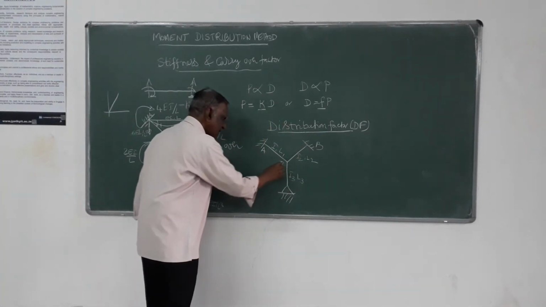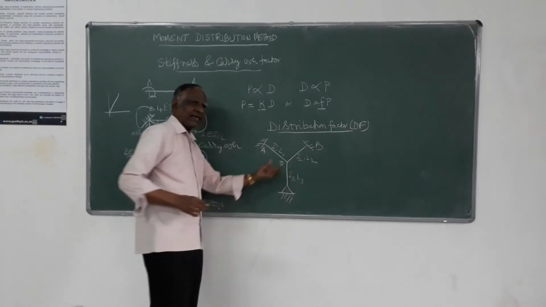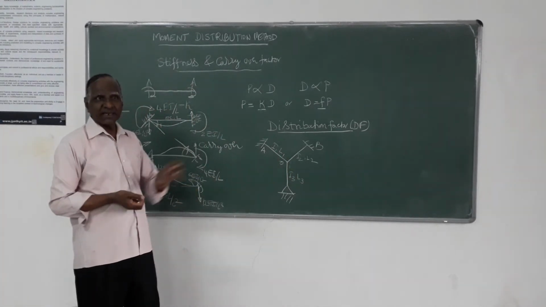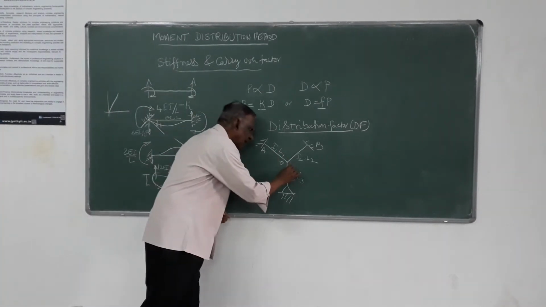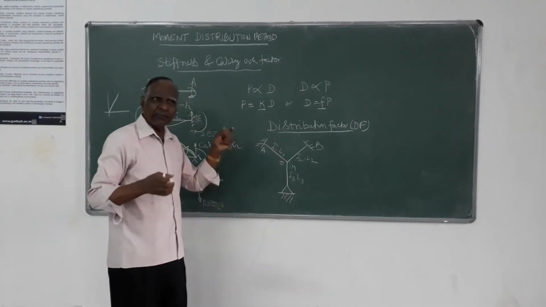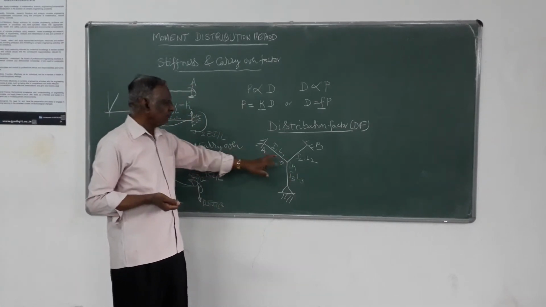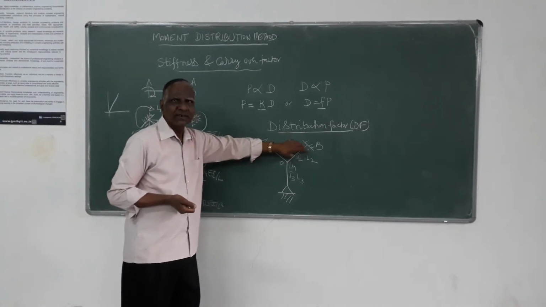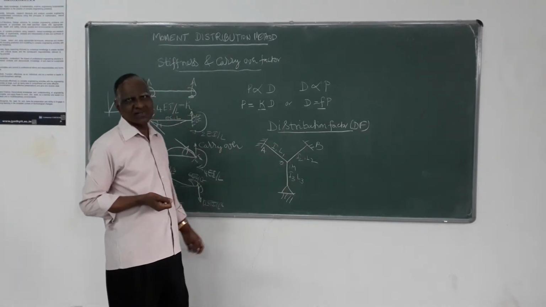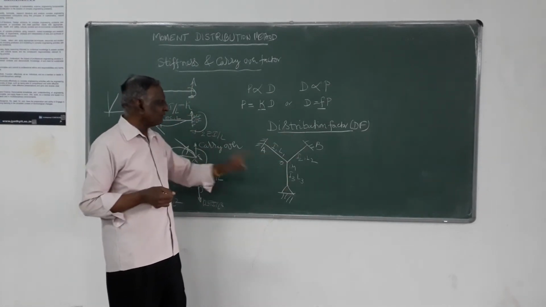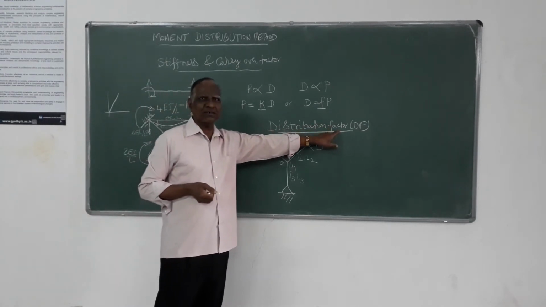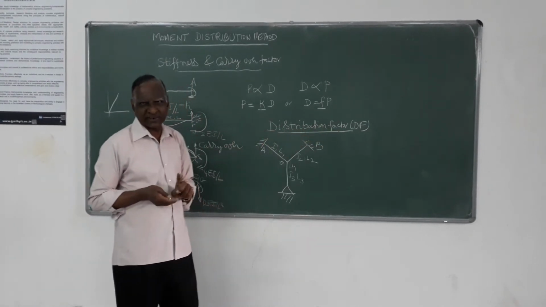Then suppose a moment M is applied at the joint. That moment will be shared by these three members. How is it shared? It will be shared in proportion to the distribution factor.